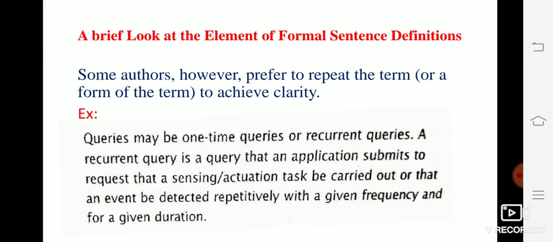Query means like question. A recurrent query is a query that an application submits to request that a sensing or actuation task be carried out or that an event be detected repetitively with a given frequency and for a given duration.